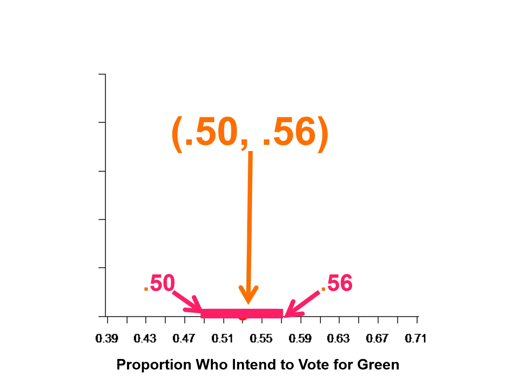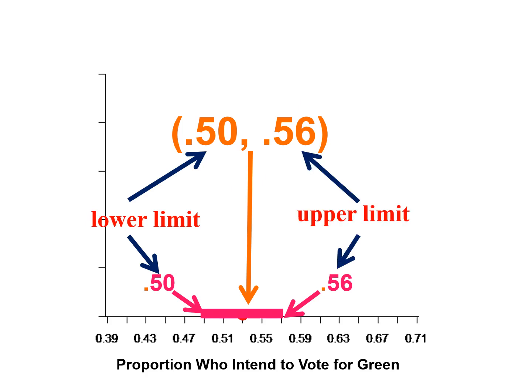And in math, the way of writing an interval is to write the two endpoints of the interval inside parentheses, the way shown on the screen. The left endpoint is the lower limit of the confidence interval, and the right endpoint is the upper limit of the confidence interval, or upper boundary.